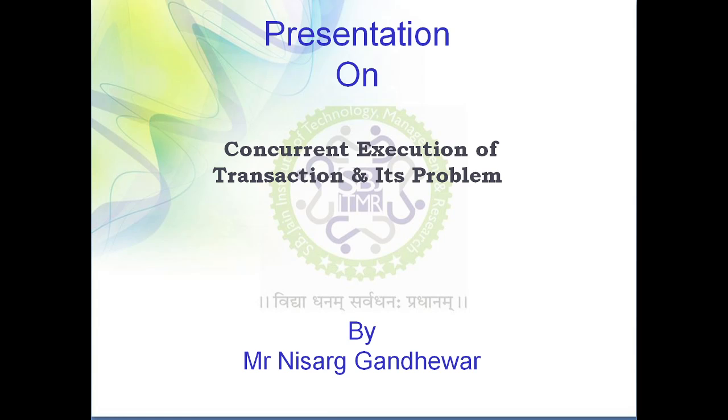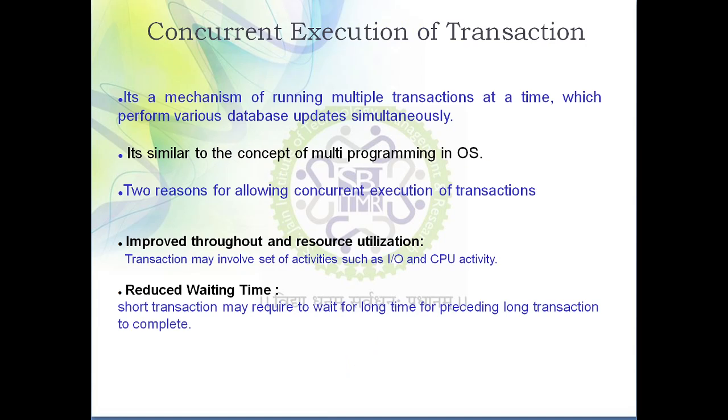In order to overcome this problem, we have the concept of concurrent execution of transactions, where you run multiple transactions at the same time and they perform various database updates simultaneously. Concurrent execution involves n number of transactions executed at the same time, and it is very similar to the concept of multi-programming in an operating system, where multiple programs run at the same time.